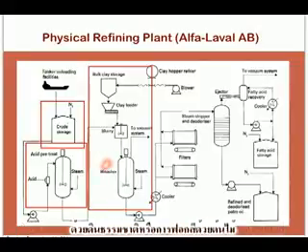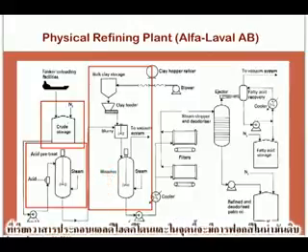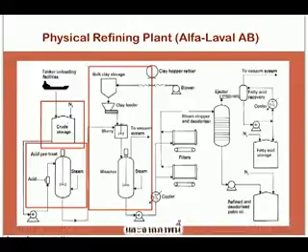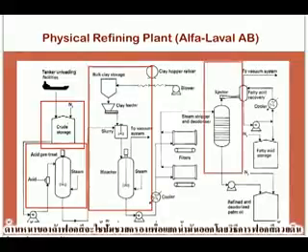So the oil is mixed with the steam, and bleaching earth or the bleaching clay is added to absorb the coloring compound, the aldehyde ketones, and the trace metals in the oil. And at this point, after the bleaching process, the color of the crude oil will be reduced significantly.